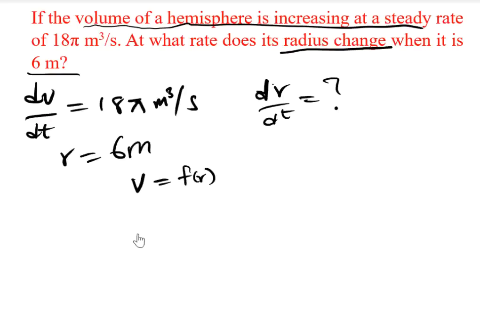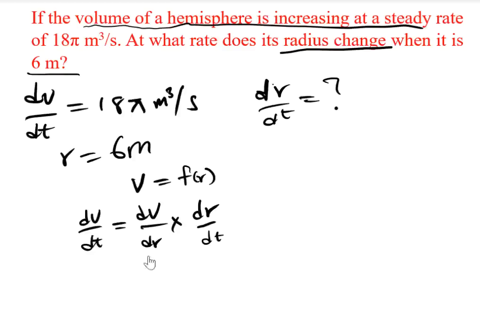Applying the formula we stated before, you can say that dV/dt is equal to dV/dr multiplied by dr/dt. We were given dV/dt and we are asked to find dr/dt. So if we can find dV/dr, then we are good to go.